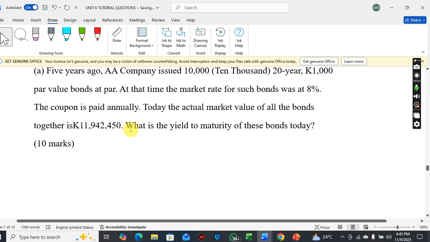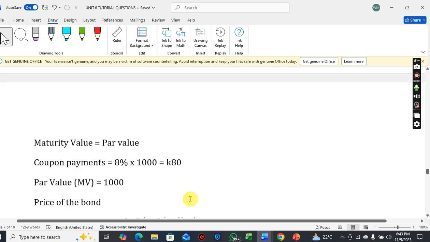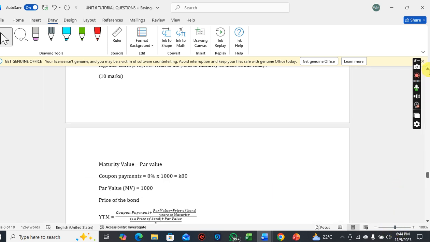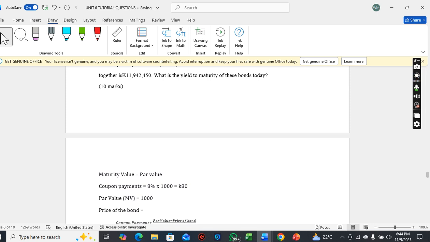They gave us the overall price, so we have to find the price of one bond. They issued 10,000 bonds, so we divide this amount by 10,000 to find the price of one bond. So we're going to do $11,942,450 divided by 10,000.